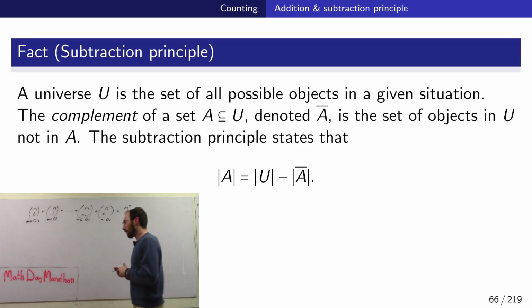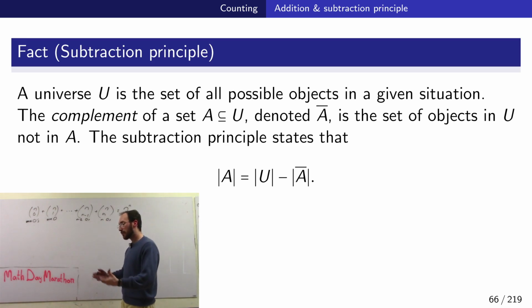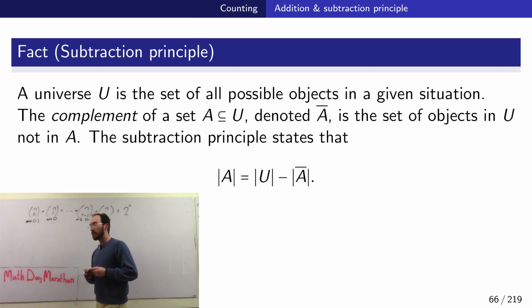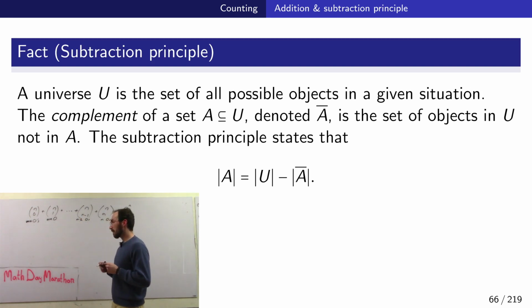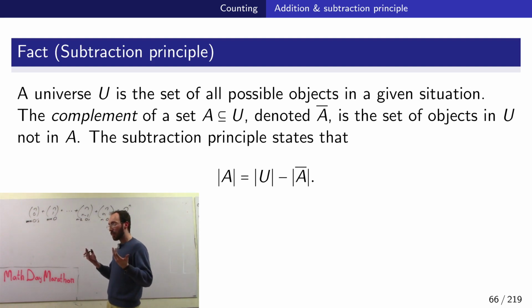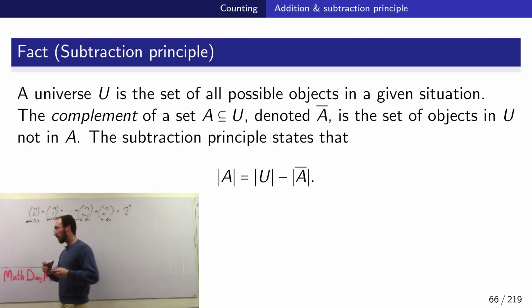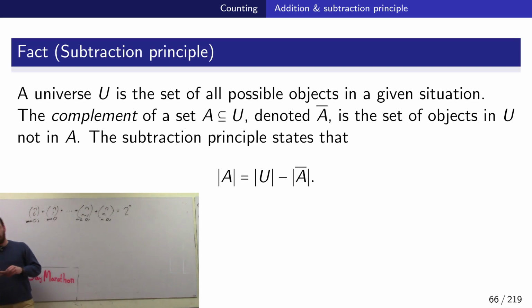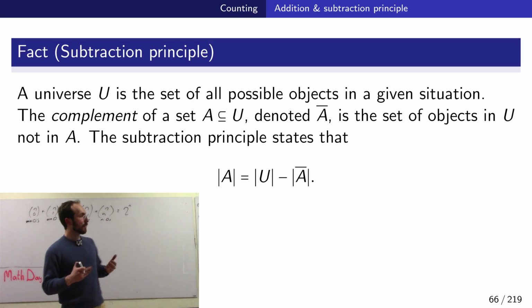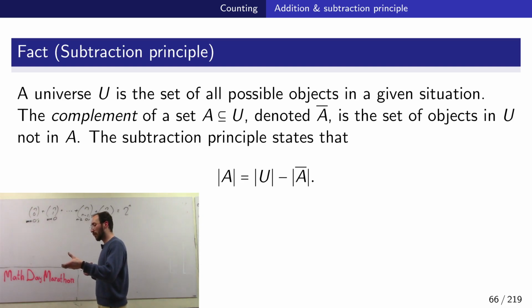If we have this set A that lives in our universe, say binary strings of length n is our universe, and we have the set of binary strings starting with 0, then we have this concept called the complement, which is all of the elements within your universe that are not part of the set you've chosen.